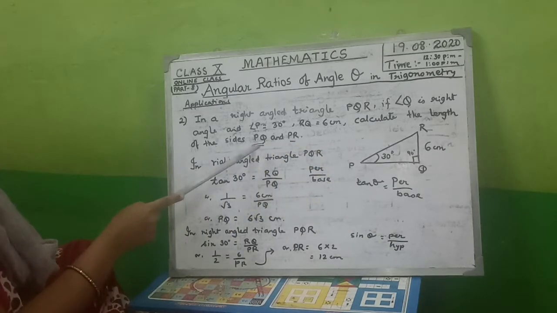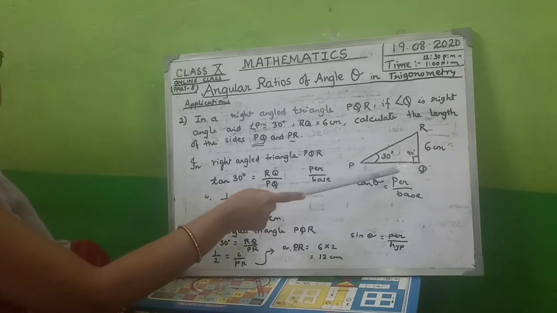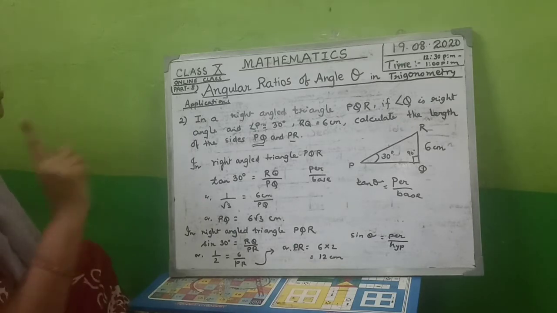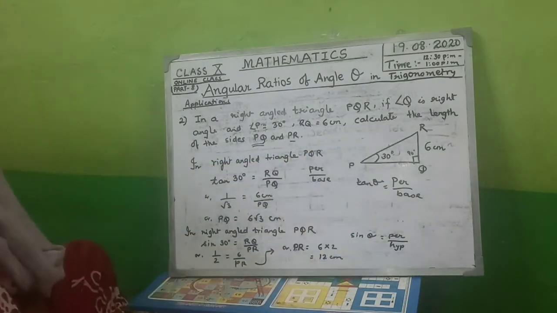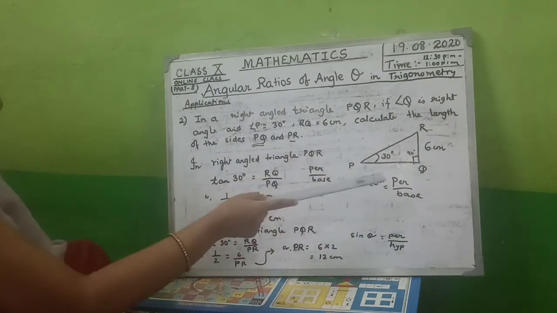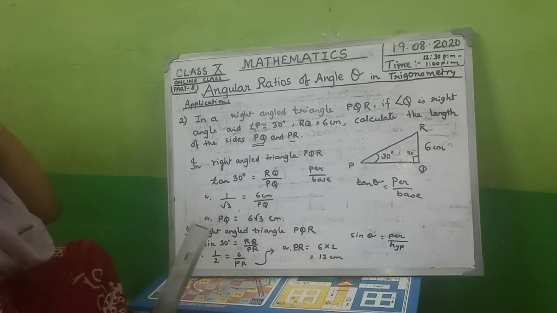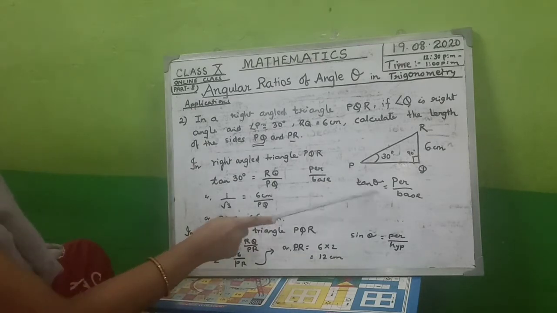Now we have to find first the side PQ. We know the perpendicular. Now we have to find the base. In which ratio are perpendicular and base there? Obviously in tan theta and cot theta. So we'll first take the application with tan theta.